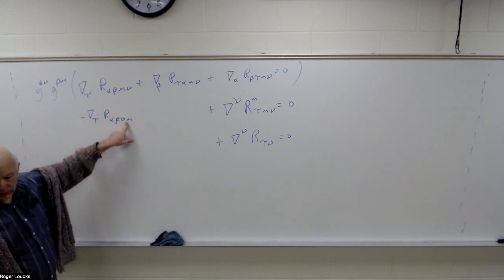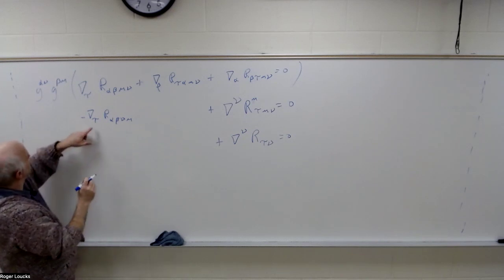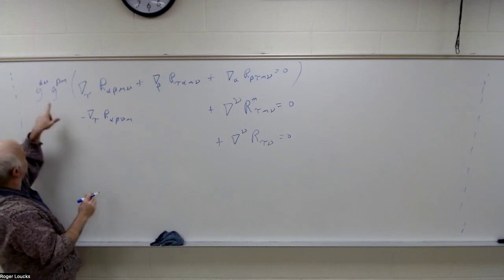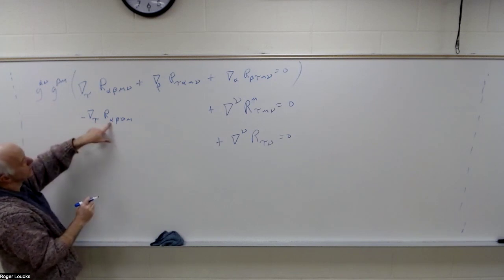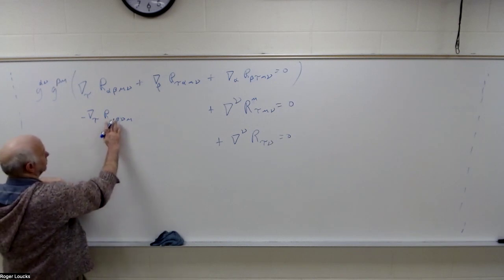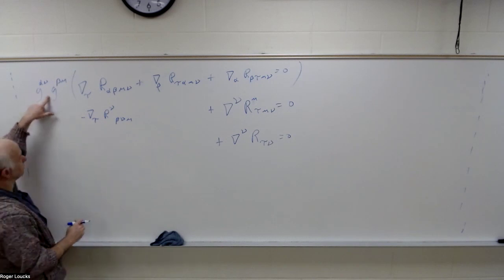This is antisymmetric, so I switch it with a minus sign. Now what is this guy going to do to the alpha? It's going to raise it and make it become a nu. And that's going to raise and make a nu, so I'm going to go like this. Is that okay? And I still have this guy here.